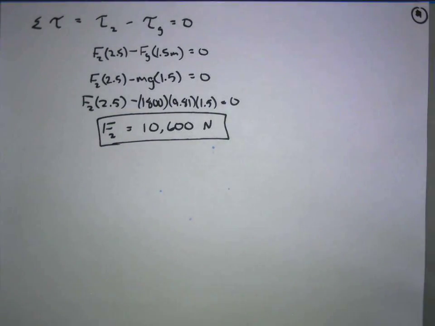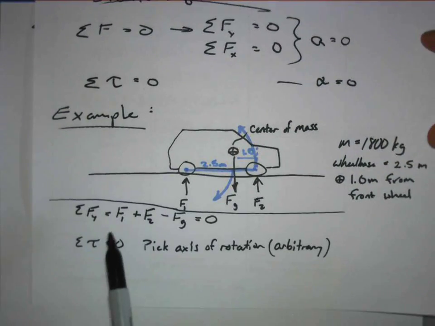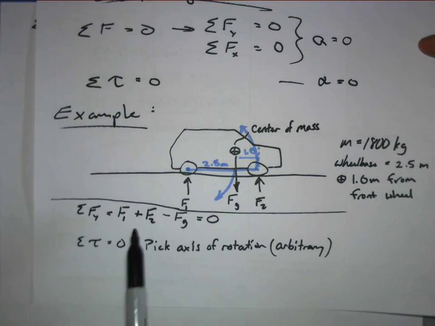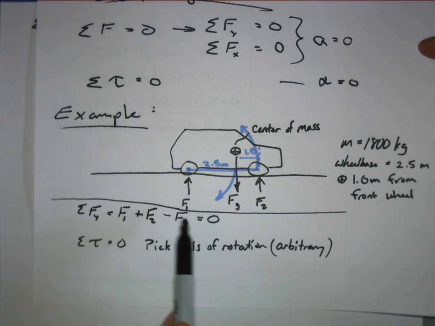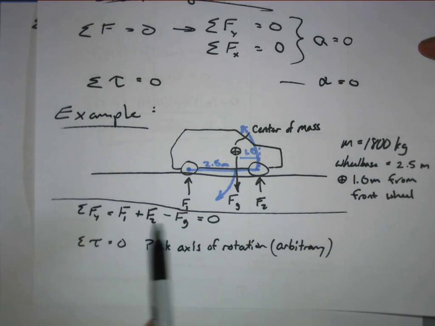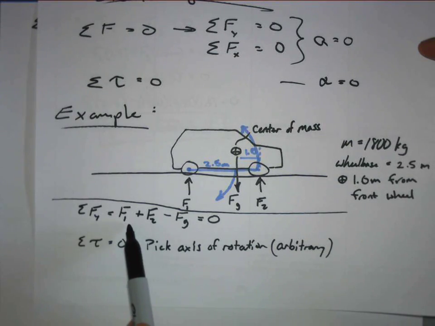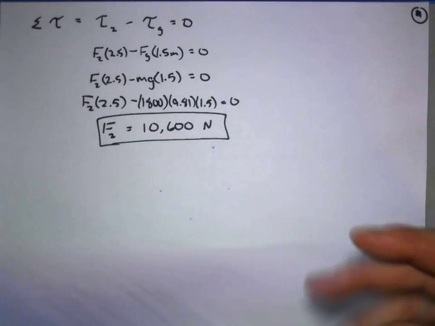And now that's pretty cool, because what I'm able to do next is come back and see about my sum of forces. Because now I can easily find force of gravity, it's just mg, and I previously had two unknowns. Well, now I've solved for force number 2. I now just have one unknown. I'm going to rewrite that.